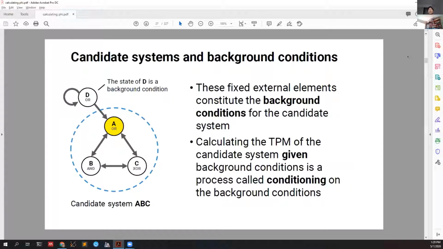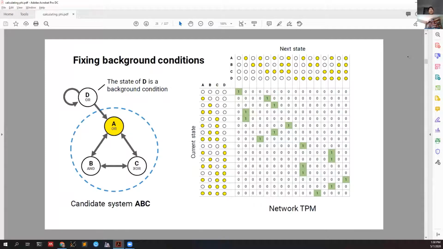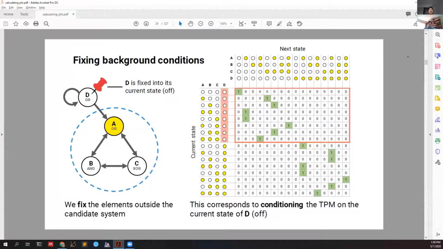And these fixed external elements are called background conditions for this candidate system. And then calculating TPM of the candidate system given the background condition is called conditioning. So here is the full network TPM. And here we fix these states off at the current time step, which corresponds to the above part of the TPM highlighted by red line.